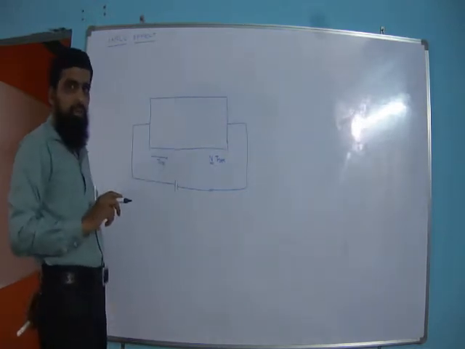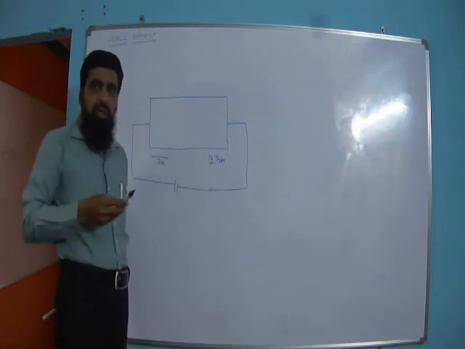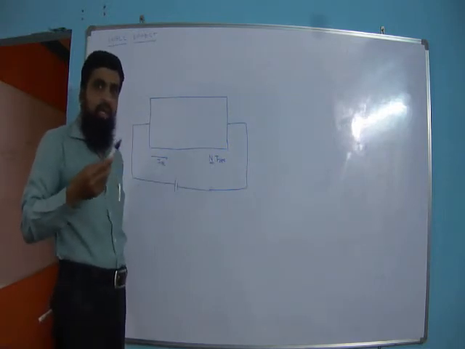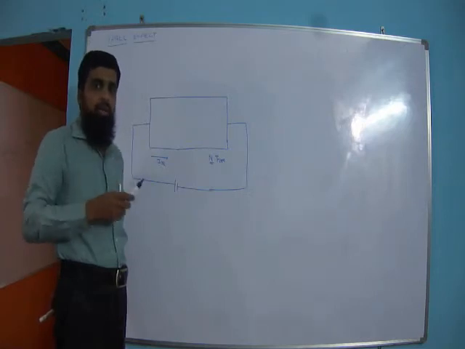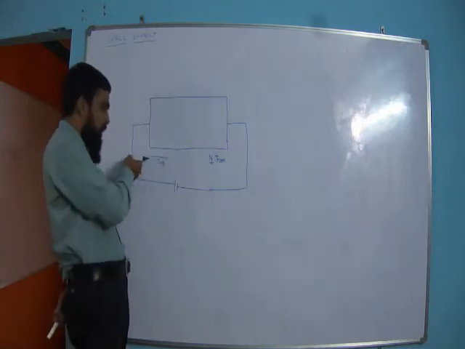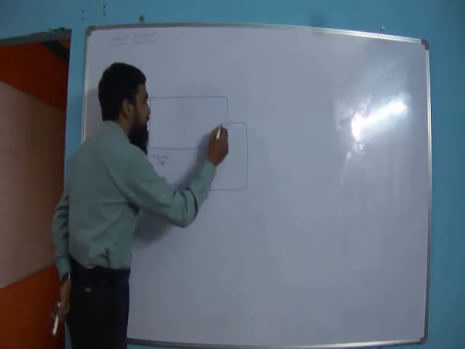As we know, in an n-type semiconductor, the majority carriers are electrons and the current is mainly due to electrons. As the current is flowing in the x direction, the electrons will be moving in the minus x direction.